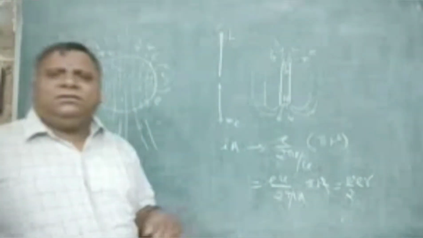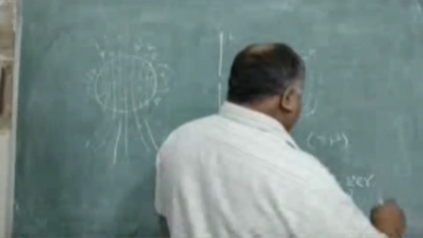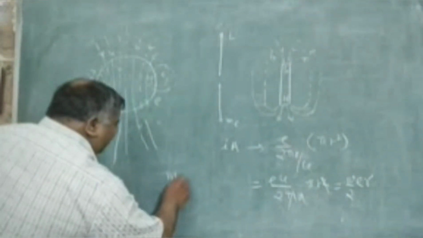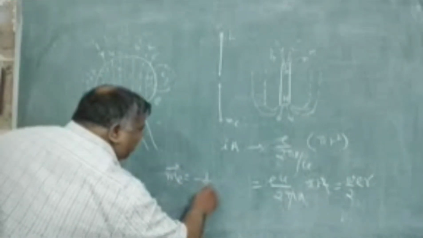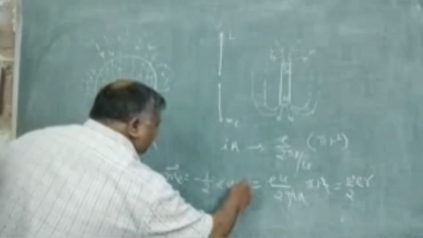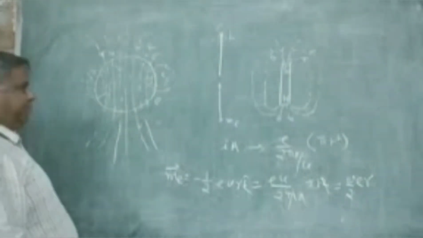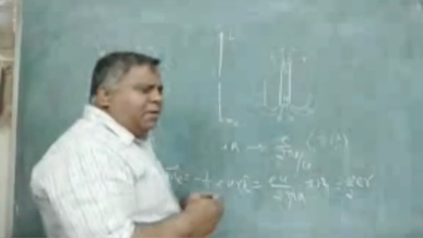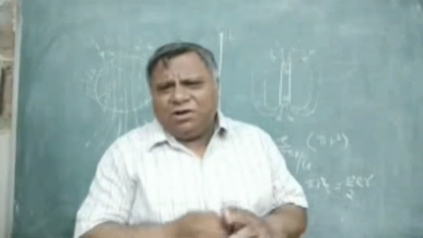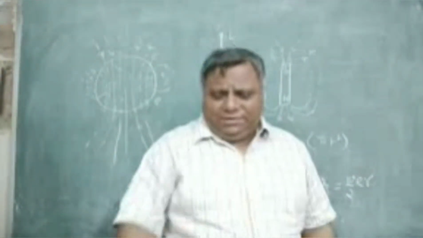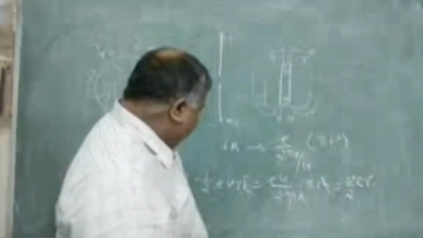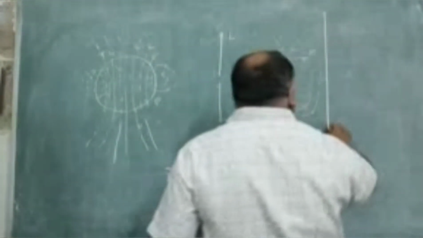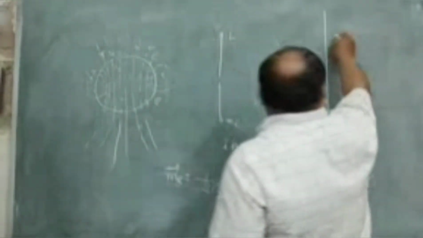Since the charge on the electron is negative, this M_L in vector form can be written as minus half e v r theta, if k is along this direction. k is perpendicular to the plane of the orbit. Suppose it is the Z direction. So, for future reference, let us write this.